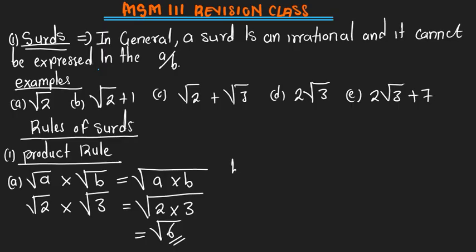Another one which I want you to take note of is, how about if you are multiplying the square root of the same numbers? For example, this time around we've got the square root of A multiplying with the square root of A. What answer are you going to find? It's very simple.